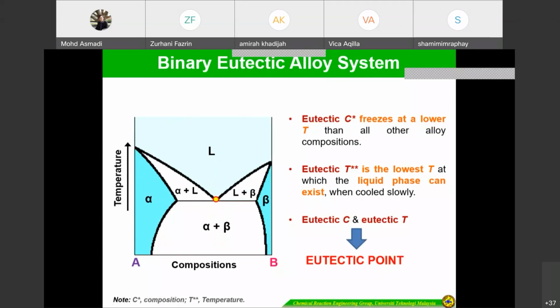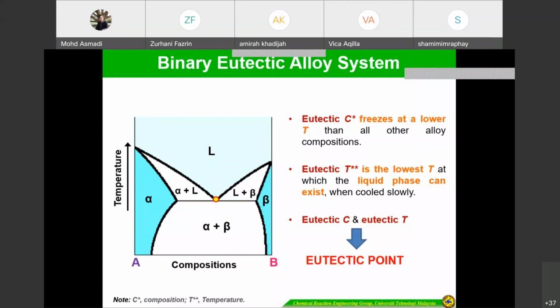The eutectic point is actually due to the eutectic reaction. If you cool to the eutectic temperature, from the liquid it is going to form solid alpha and also solid beta. This is what we call the eutectic reaction.